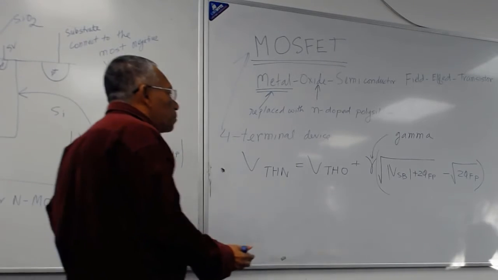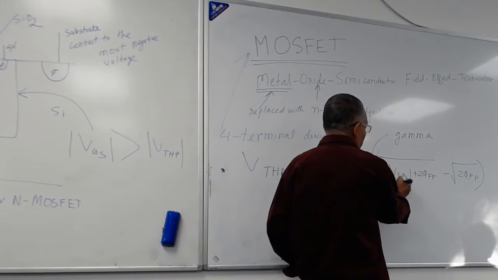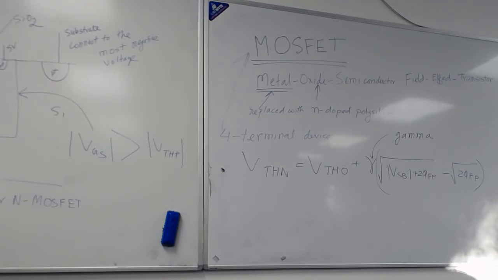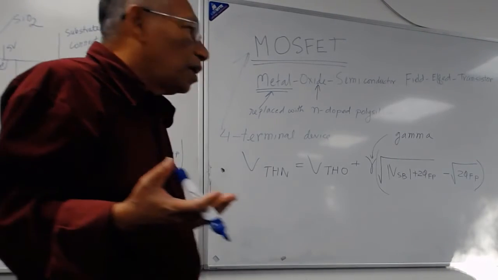So this VSB is the voltage between the source and body. You see the source here and your body here. Between the source and body there may or may not be a voltage. So the threshold voltage, the voltage you require to turn on the transistor, consists of this.